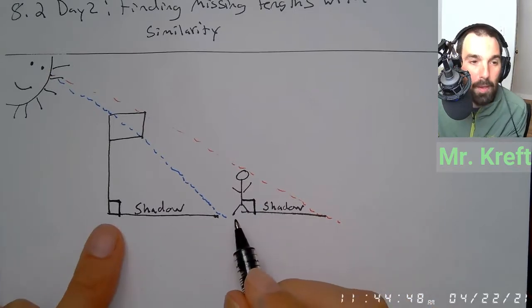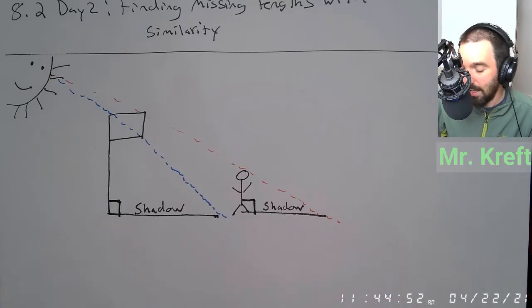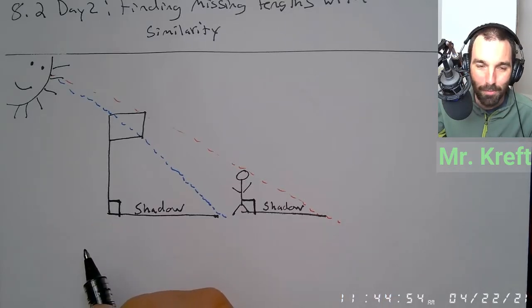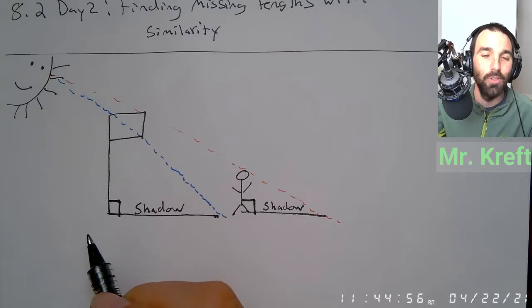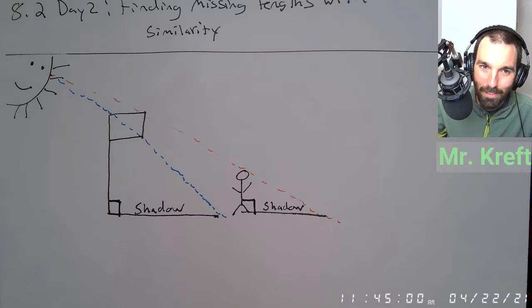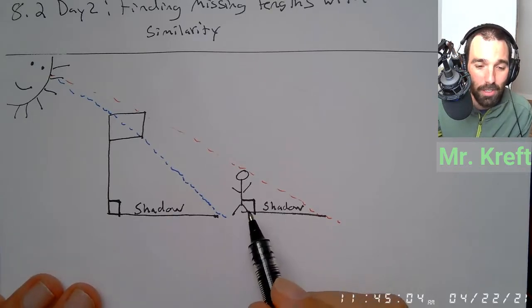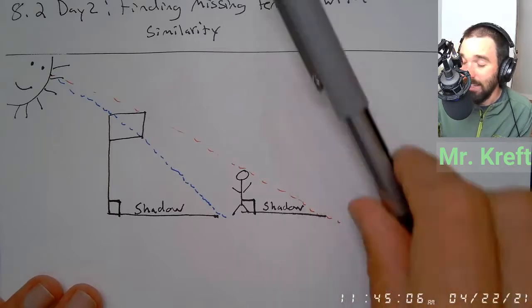So that's 90 degrees. So we have a pair of angles right there. You might ask, what if it's the Leaning Tower of Pisa? Well, then you're going to have to measure the angle, and we have tools to do that. But for this problem, just imagine they're standing straight up, so we don't have to measure that angle.